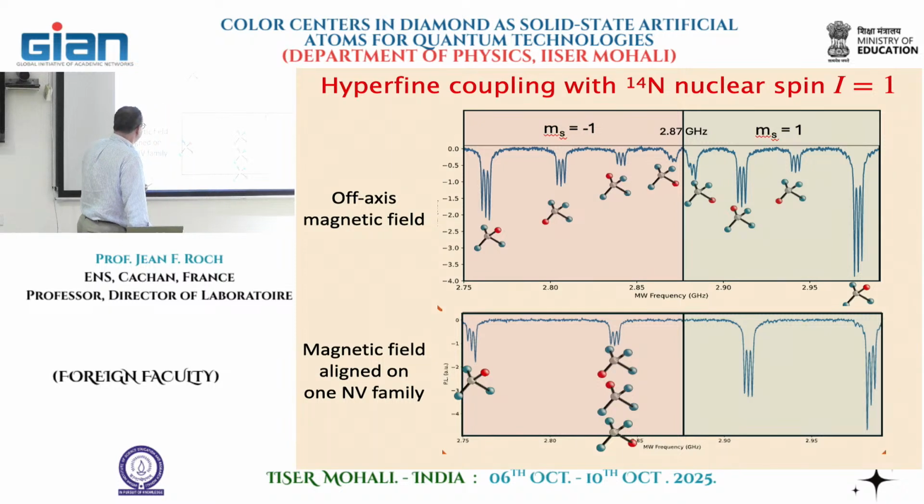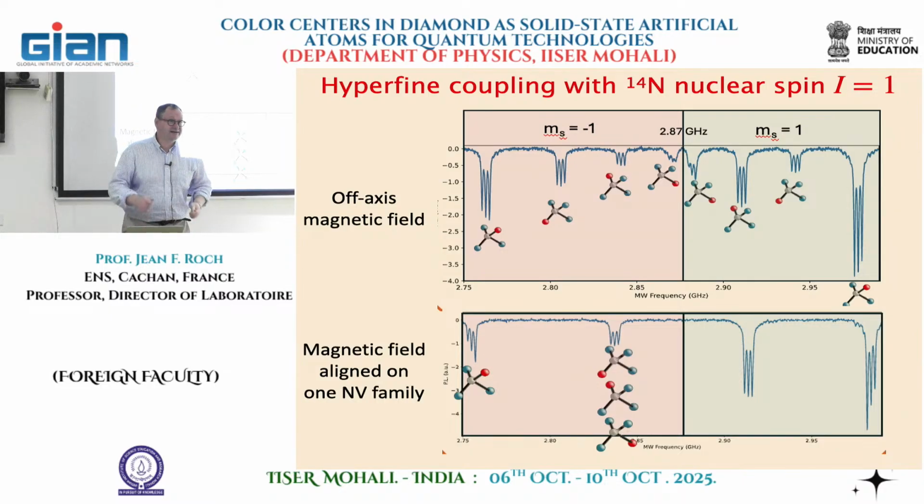The splitting value is the same. Now what I will do is apply the magnetic field on one NV family. And what you see in that case is that the spin polarization already starts to appear, because you see a much stronger line that starts to appear.